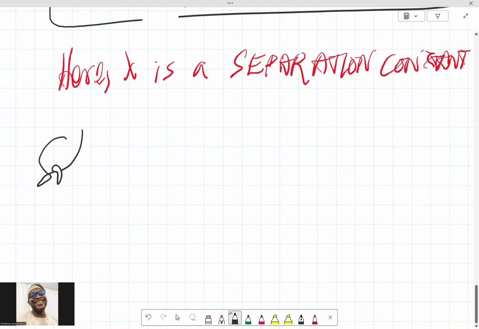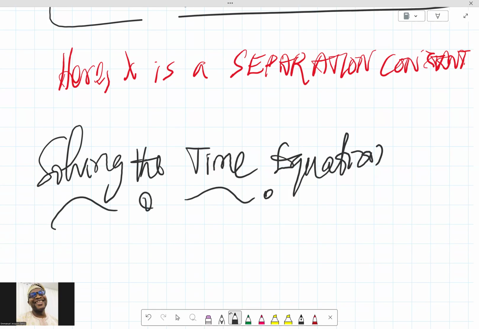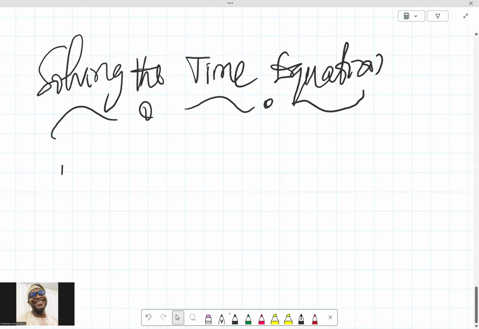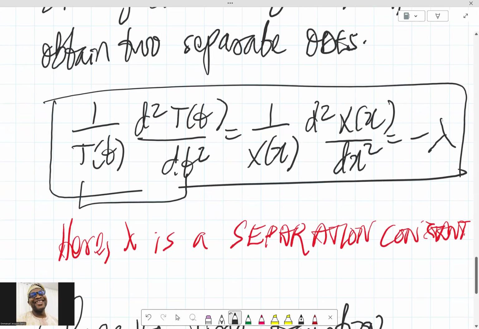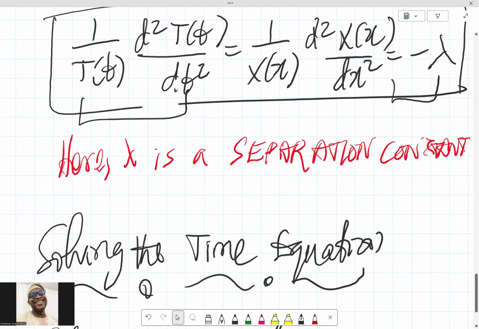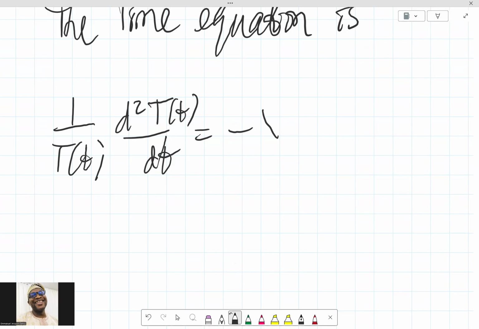Next, we want to solve the time equation. The time equation is, of course, this component equals minus lambda. So we have 1 over T of t, d squared T over dt squared, equals minus lambda.